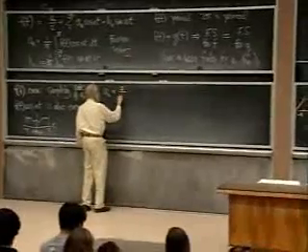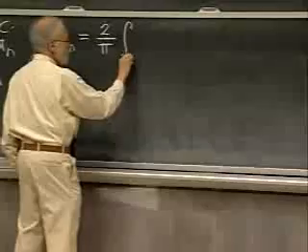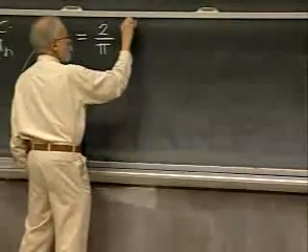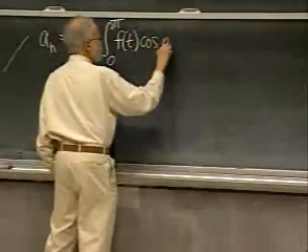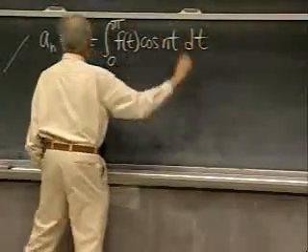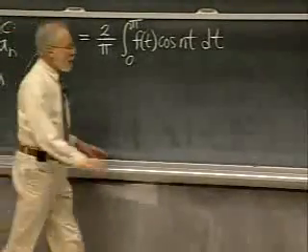So our better formula is this. If the function is even, this is the formula you should use: 0 to pi f of t cosine nt dt. Of course, I don't have to tell you what bn should be, because bn will be 0.